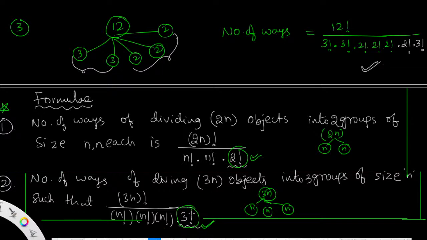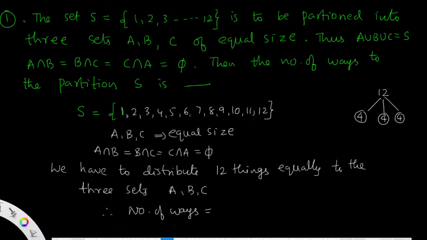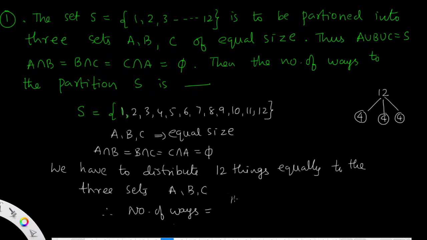Here it is 12 factorial by 4 factorial into 4 factorial into 4 factorial into 3 factorial, because there are 3 groups of equal size. That's all for this question.